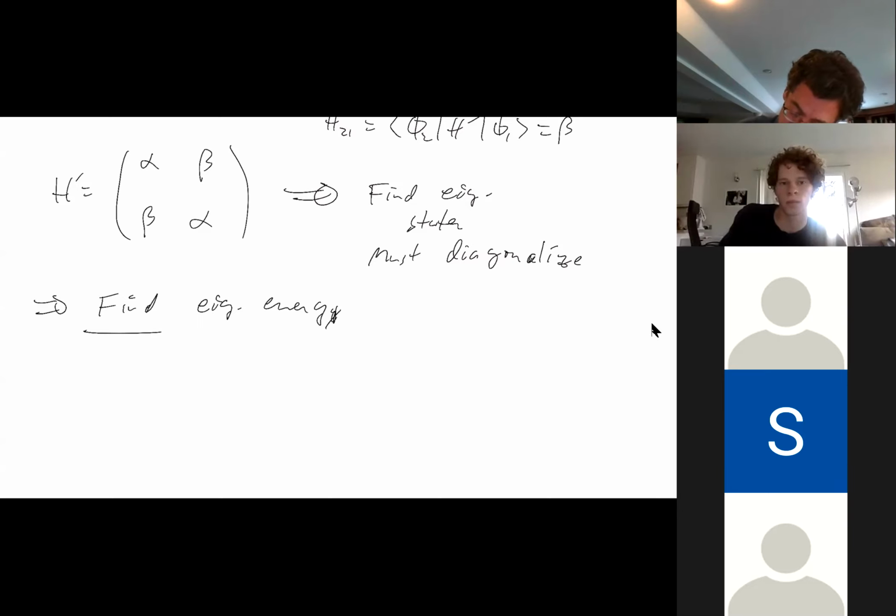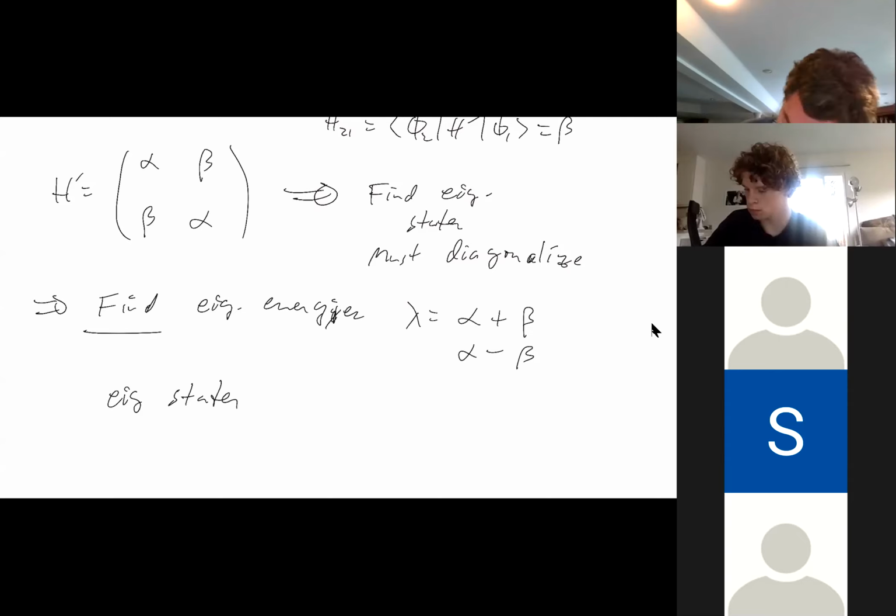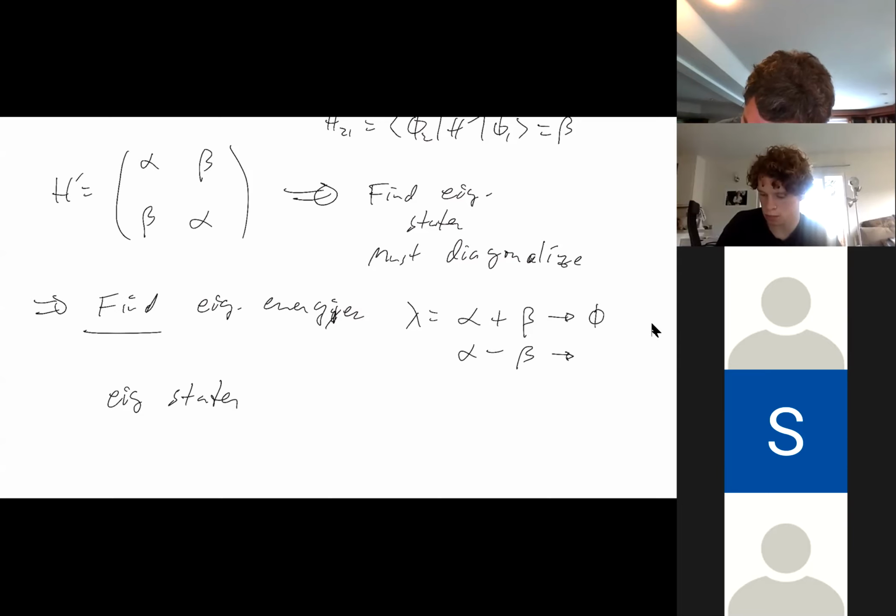The eigenenergies are lambda equals alpha plus beta and alpha minus beta, and the eigenstates are going to be phi 1 plus phi 2, and phi 1 minus phi 2. These are the eigenstates after you diagonalize it.